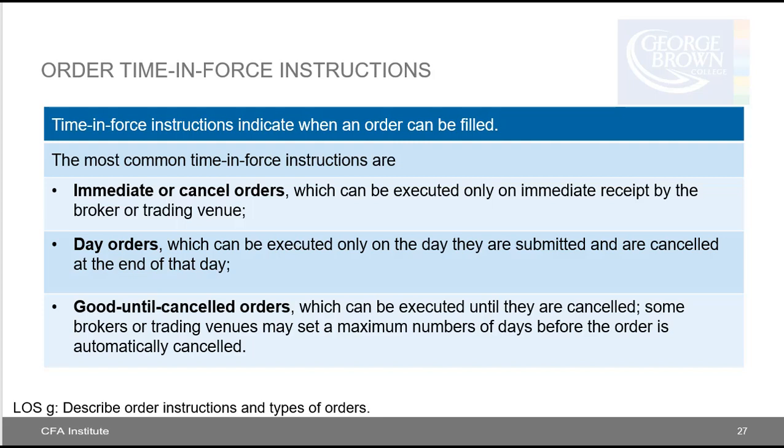Good until cancel orders can be executed until they're canceled. Sometimes brokers or trading venues may set a maximum number of days after which the order is automatically canceled. So I might put in, I'd like to buy at $25, good until canceled. Well, if the maximum is 30 days, that order would be there for 30 days. If it wasn't executed, then it's going to be canceled.